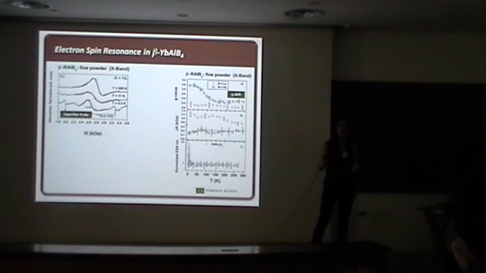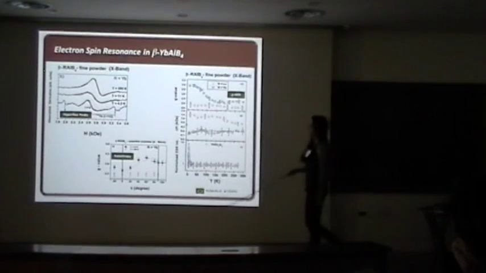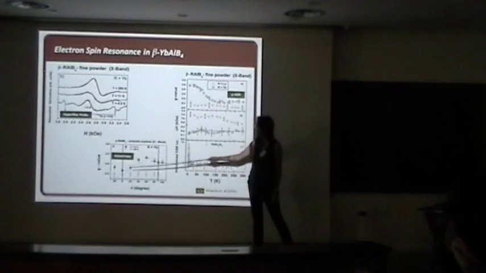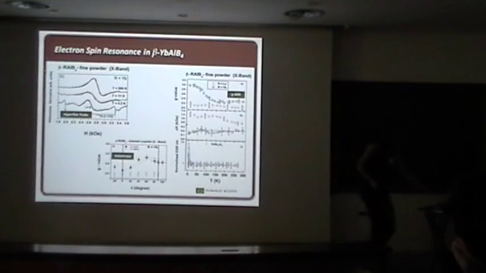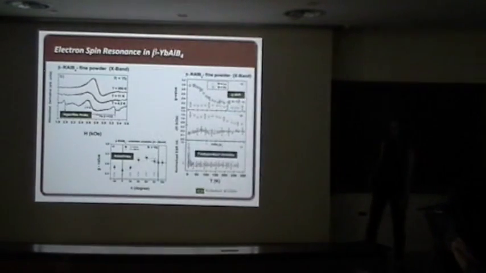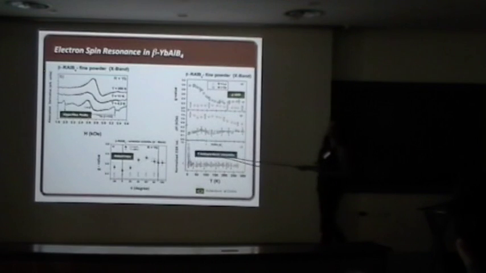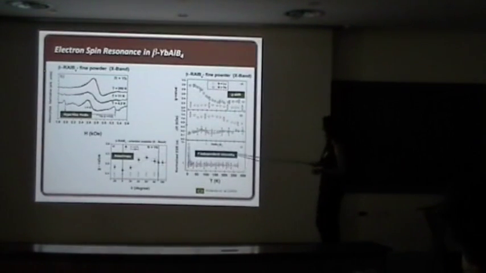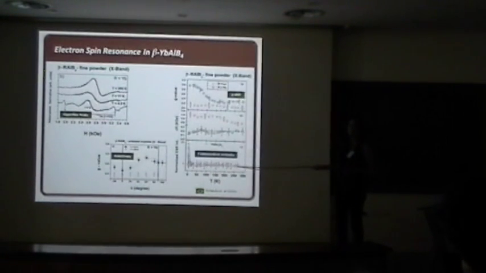That is the g-factor of these 4f electrons that we have. We also have a big anisotropy at low temperatures, the black dots, in comparison with no anisotropy at high temperatures. And the unusual part comes with the intensity, these black dots here. You can see that the intensity does not change with temperature.